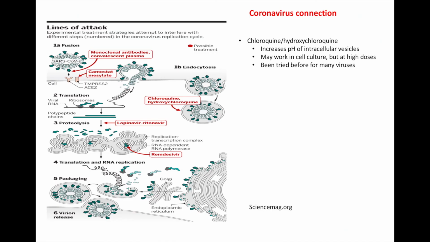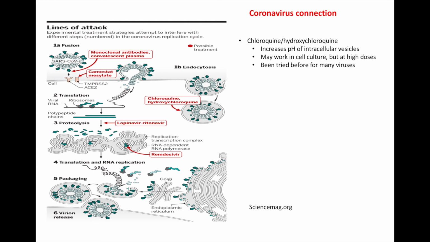So that's a big change in hydrogen ion concentration, and usually that change in pH, when the receptor gets fused into that low pH environment, causes the receptor to change shape and to let go of its ligand.